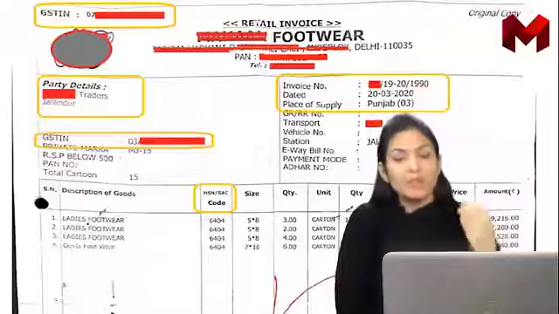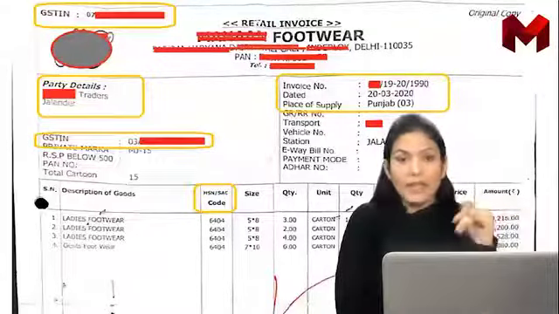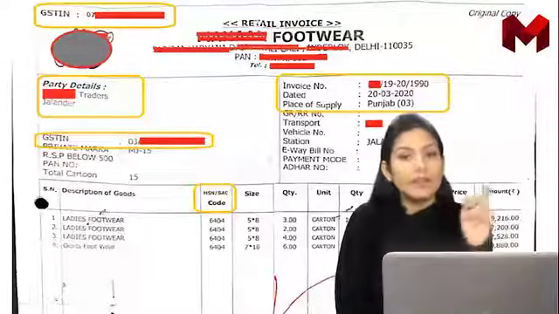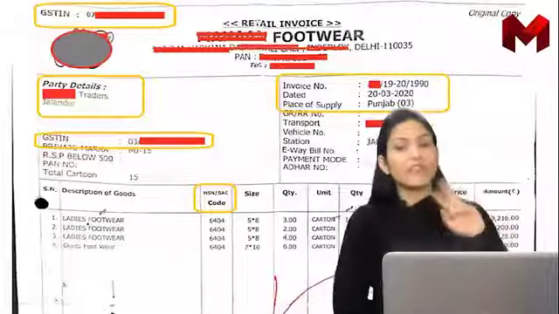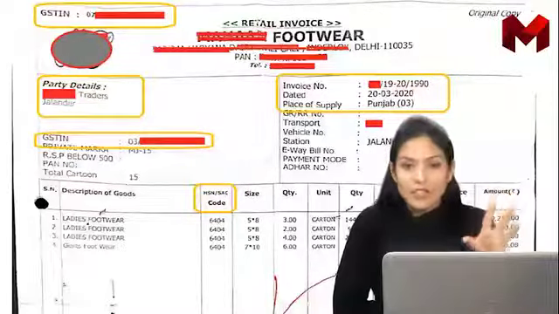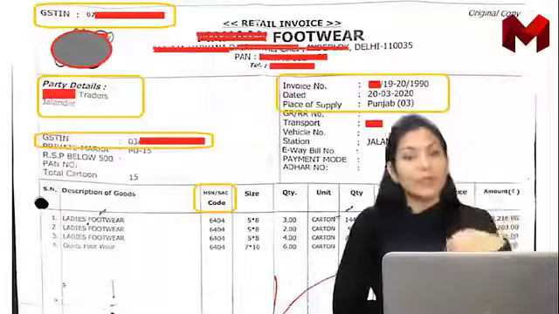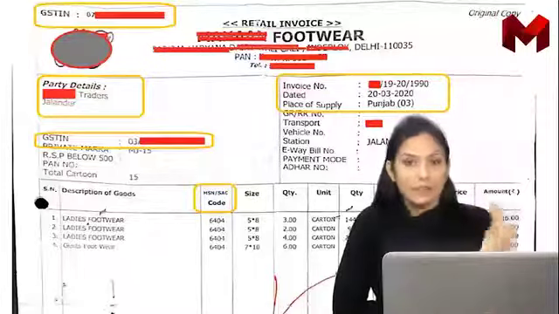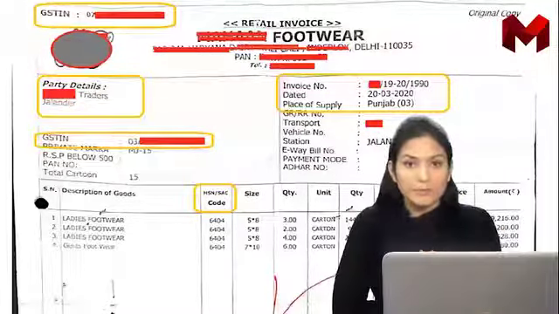So that means we are registered under Punjab, and the person from whom we are taking goods is registered under Delhi's GST Act. So we are from different states, with different GST numbers. One is from Delhi and the other one is from Punjab. So it's an interstate transaction, we can say.